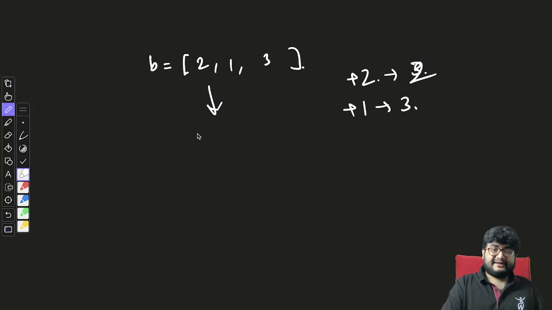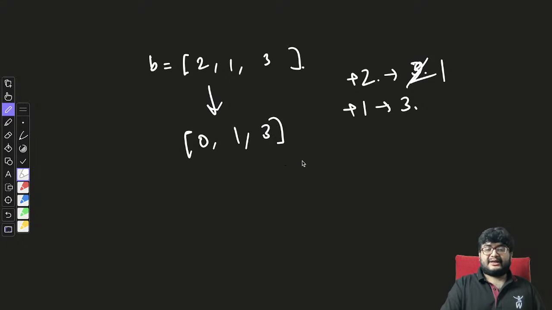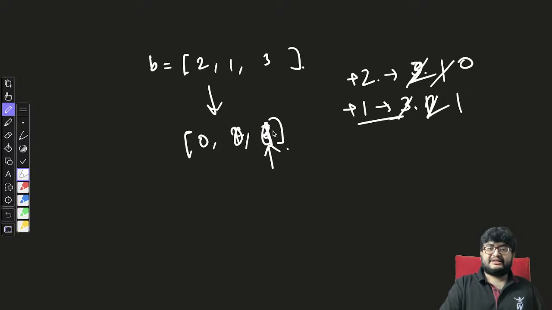First of all tackle the even elements. So 2 will become 0, and you have taken 1 plus 2 move. Now tackle the odd elements one by one. Here we have 1, so you can just take a plus 1 move, it will become 0. Next, go to this element. Here you can take a plus 2 move, it will become 1. Now you take a plus 1 move, it will become 0. So like this.